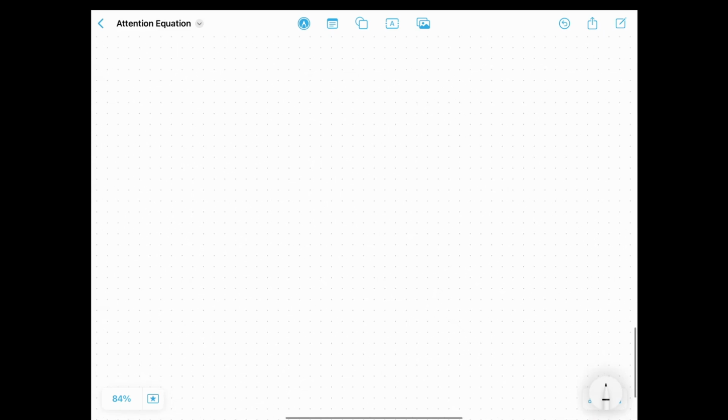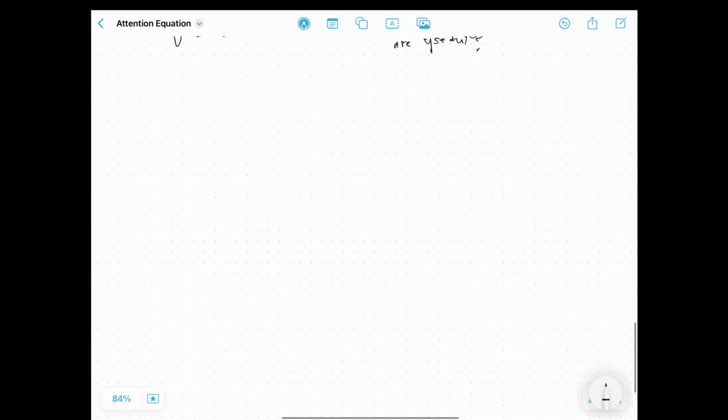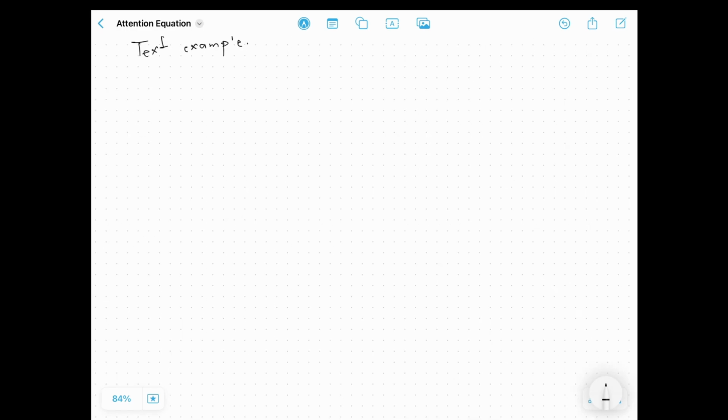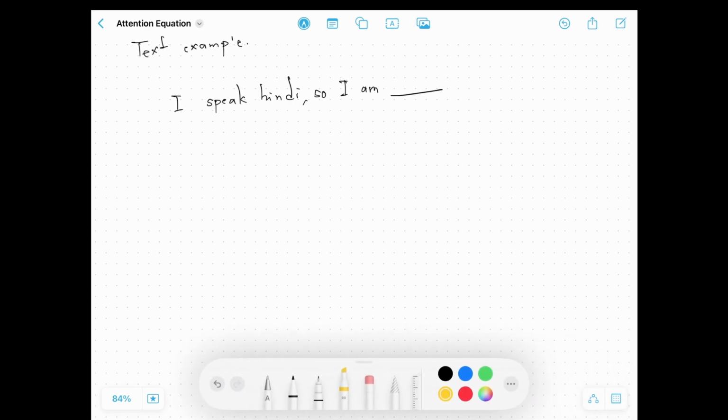So whenever we are doing, let's say, a text example, a classic example: I speak Hindi, so I am dash dash. This is the classic prediction example. There are three things: I speak something, I speak Hindi, so I am.